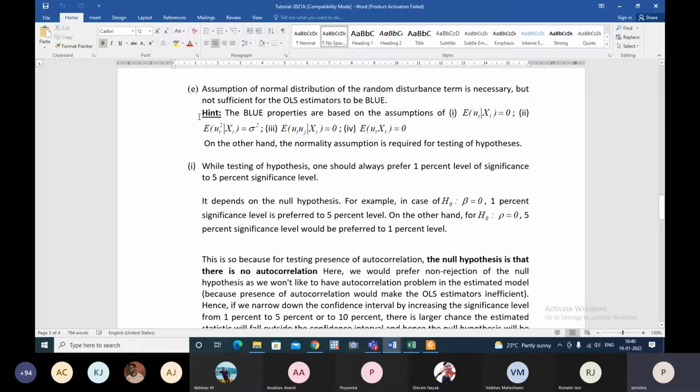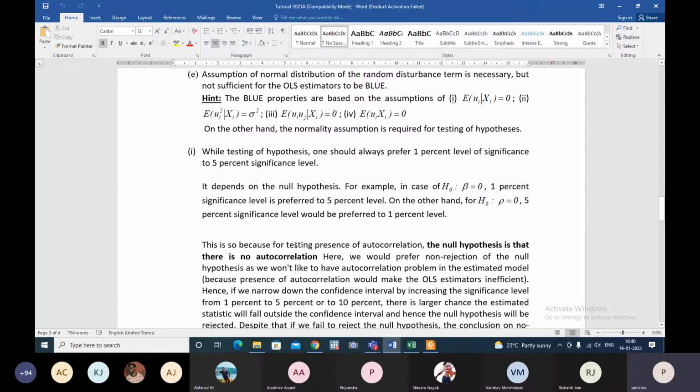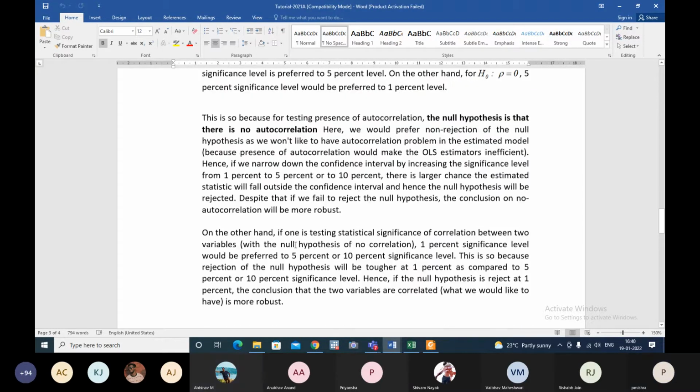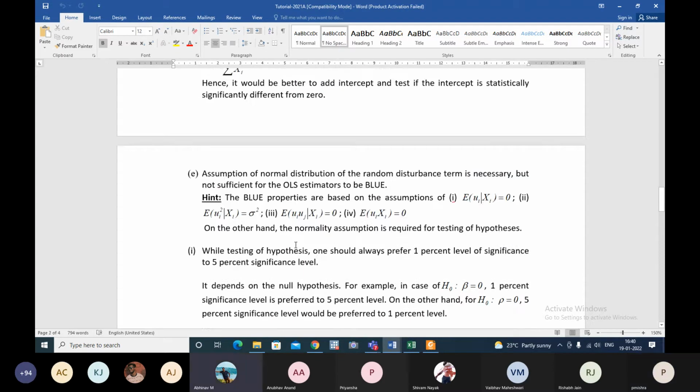So how to answer this question? So what is BLUE again? Best linear unbiased estimator. B for best, L for linear, U for unbiased, E for estimator.